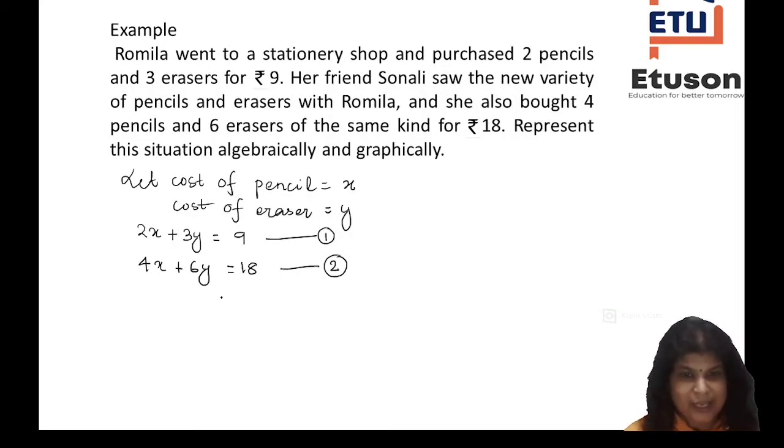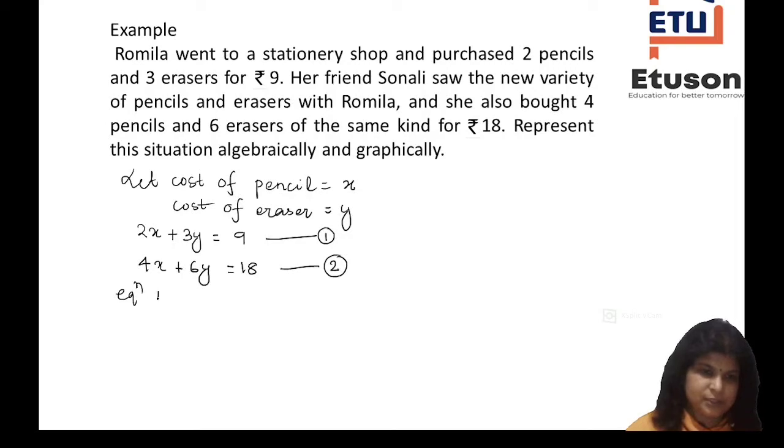Now it is time to represent it graphically. So how are you going to do it? So as usual, you have to take the points and find out 3 such different points so that you can plot it graphically. So for the first equation, equation 1, that is 2x plus 3y equal to 9.